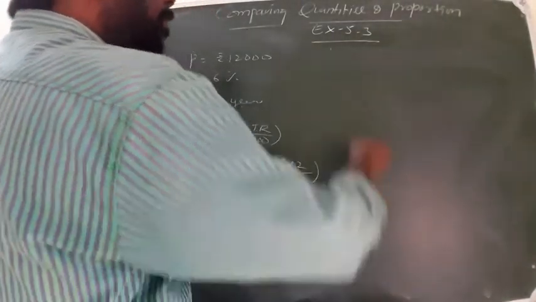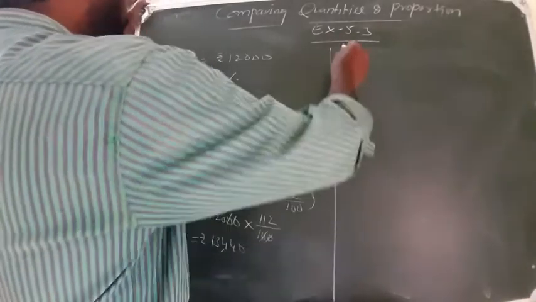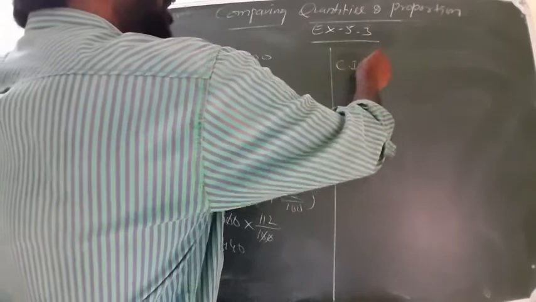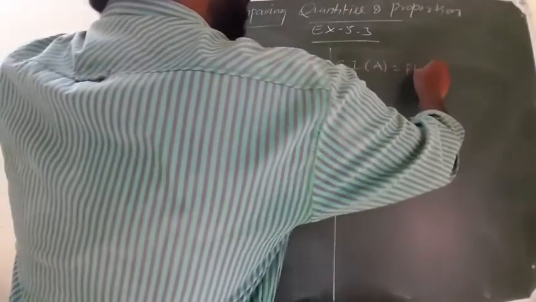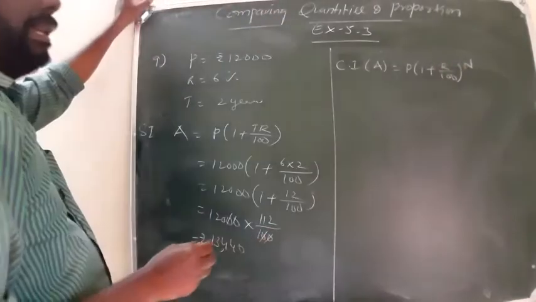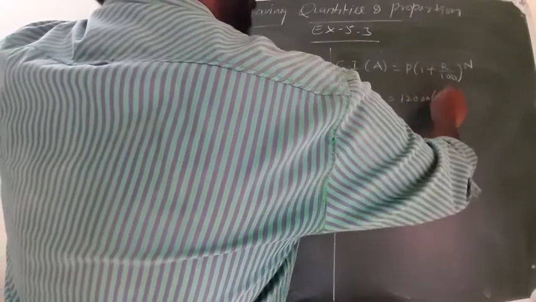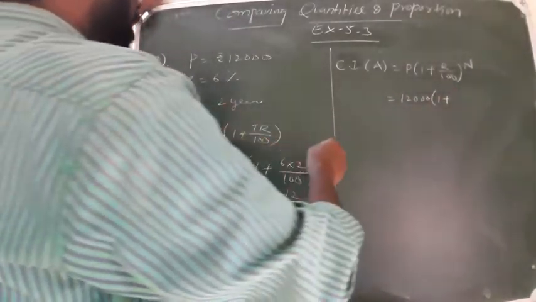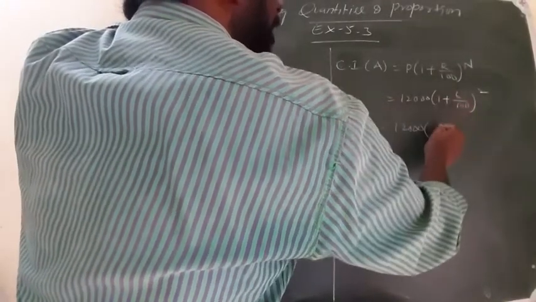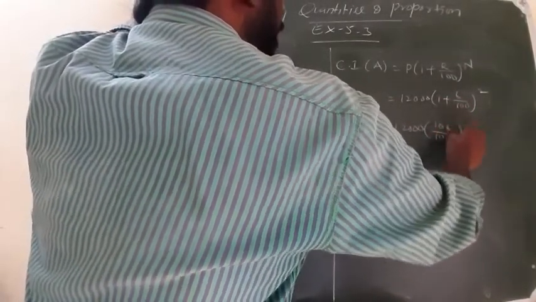Now according to compound interest, how to find? The compound interest amount formula is P into 1 plus R by 100 whole power n. Here P means 12,000 into 1 plus 6 by 100 whole power 2. 100 plus 6, 106 by 100 whole square.